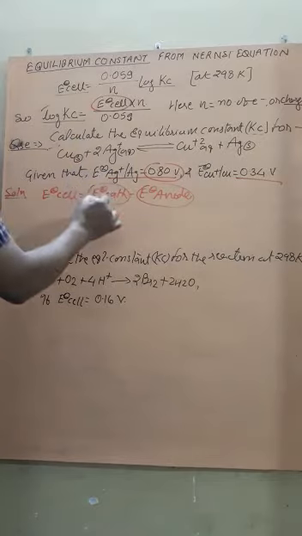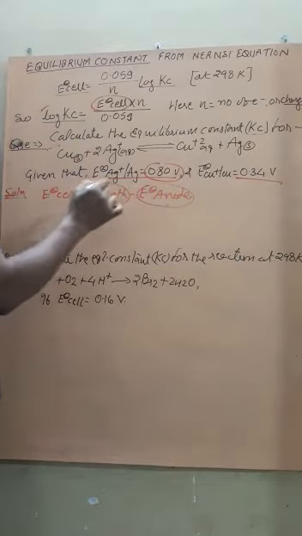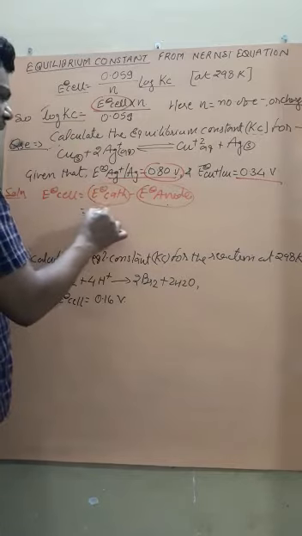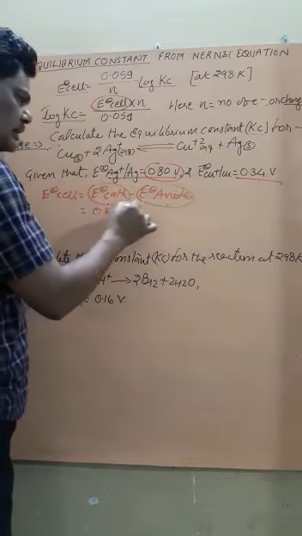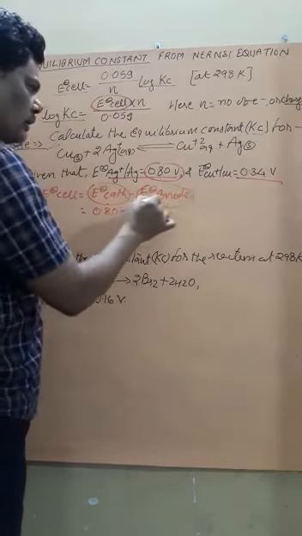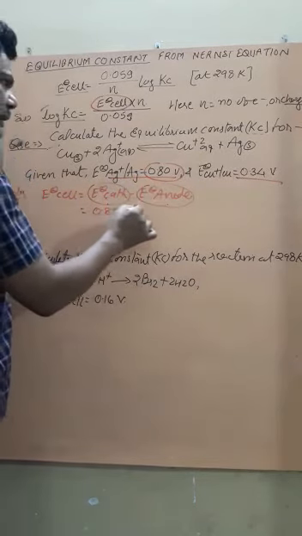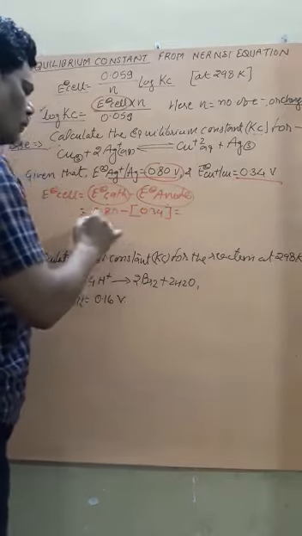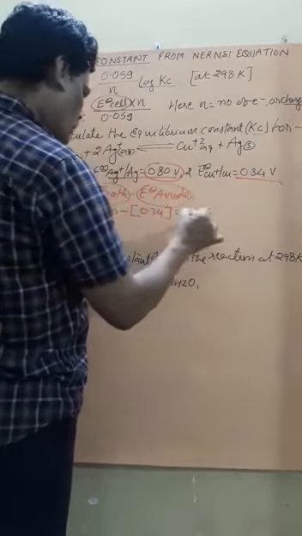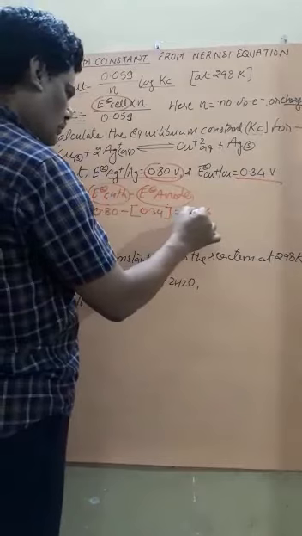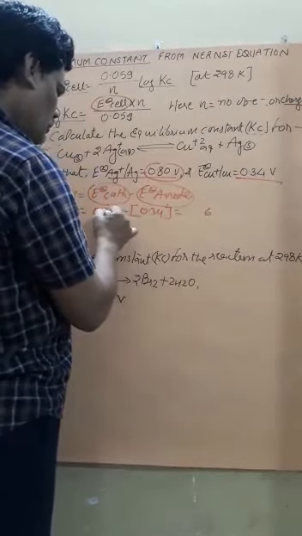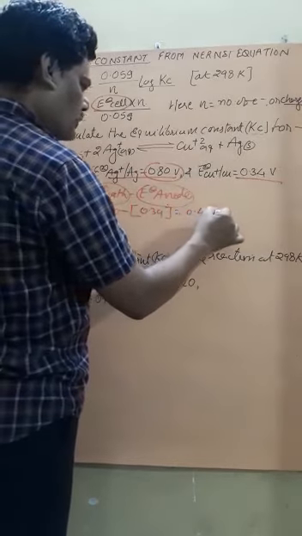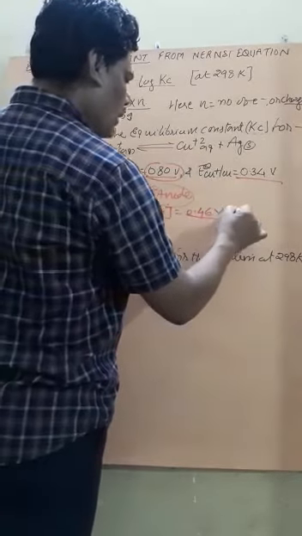That means this is for reduction, this is for oxidation. So now we can place the values. It is 0.80 minus, for your copper, 0.34. So it is equal to 0.46 volt.